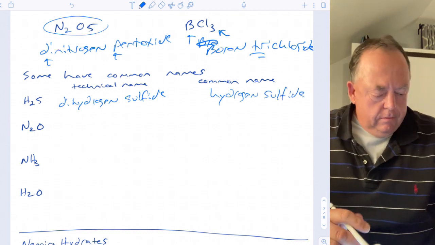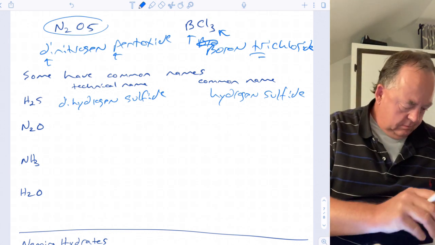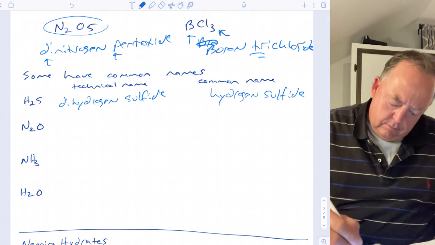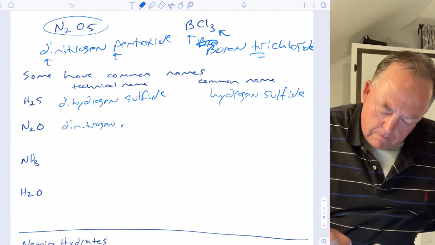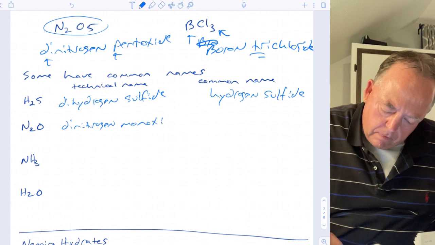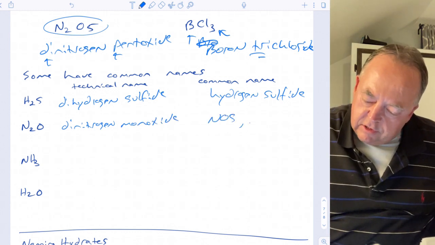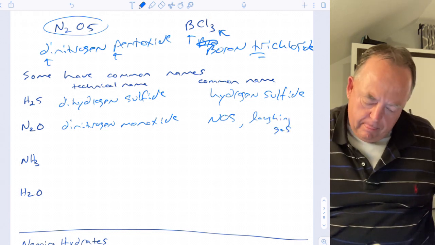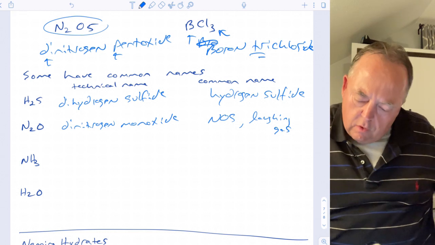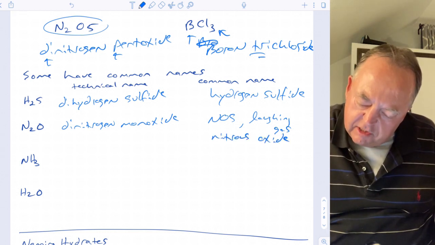So N2O would be dinitrogen monoxide. But sometimes this is called N2O, or this is laughing gas. Or sometimes it's called nitrous oxide, which would be its more common name.